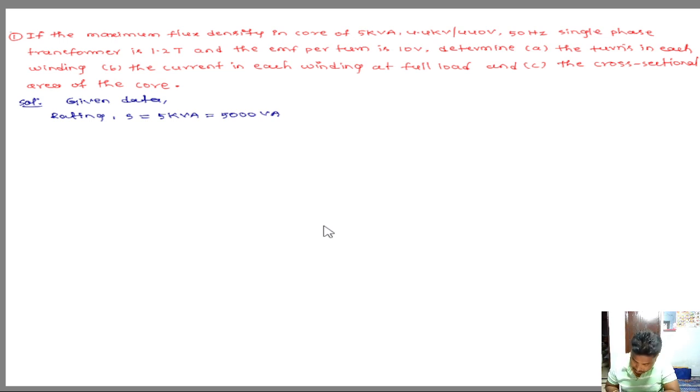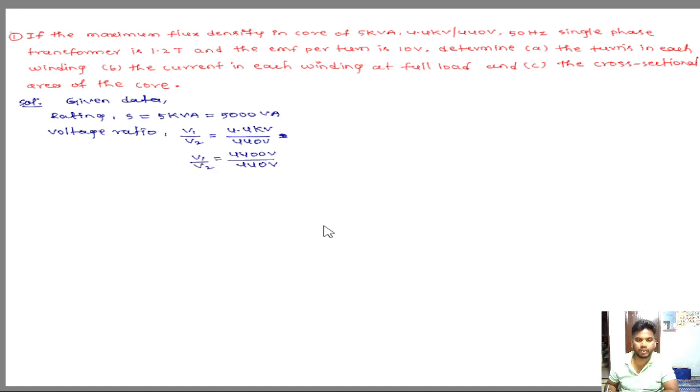Then the voltage ratio, that is V1 by V2, is equal to 4.4 kilovolts by 440 volts, that is equal to 4400 volts by 440 volts.